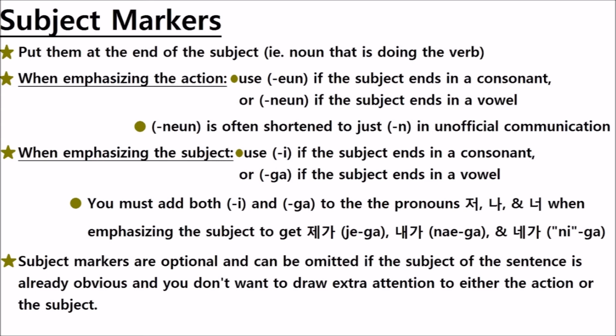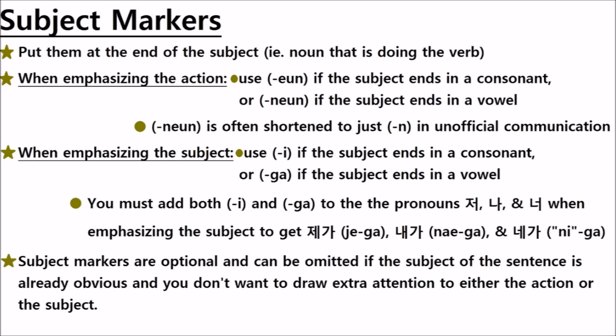So subject markers, in sum, put them at the end of the subject, i.e. the noun that is doing the verb. When emphasizing the action, use n if the subject ends in a consonant, or nun if the subject ends in a vowel. Nun is often shortened to just n in unofficial communication. When emphasizing the subject, use e if the subject ends in a consonant, or ga if the subject ends in a vowel.